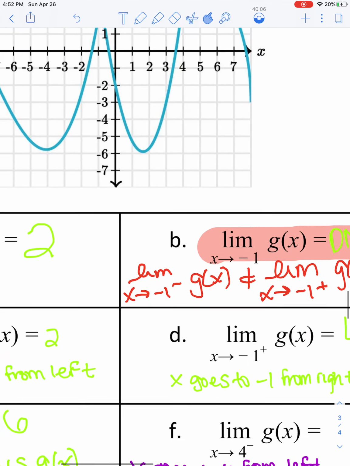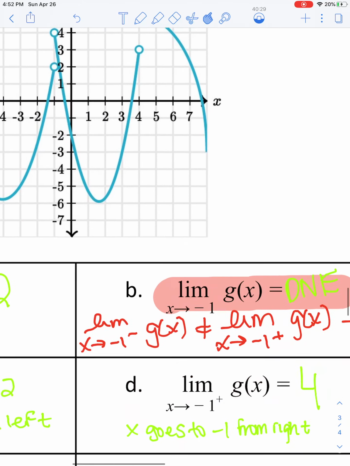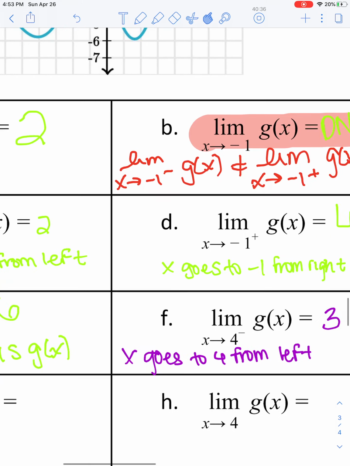So let's peek at our graph. We're cruising up to x is 4, and we see that the behavior of our graph is 3. As x is getting closer to 4, the graph is getting closer to 3. So the limit is 3.